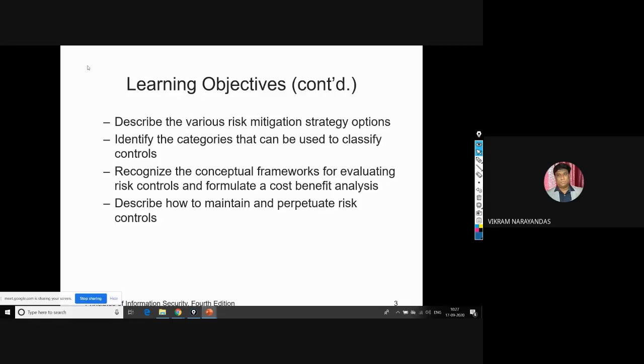So we'll describe various risk mitigation strategy options, identify the categories that can be used to classify the controls, and we also recognize the frameworks for evaluating the risk controls and formulate the cost-benefit analysis here. At the end, we'll discuss how to maintain the risk controls in this chapter.